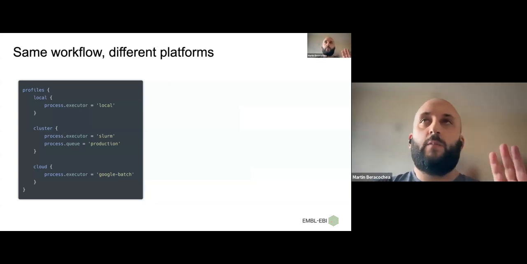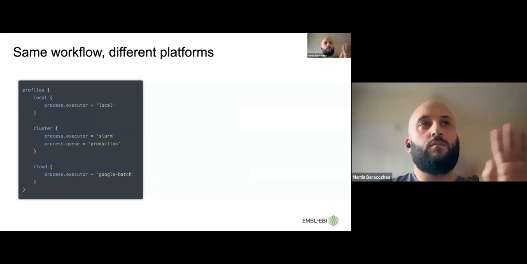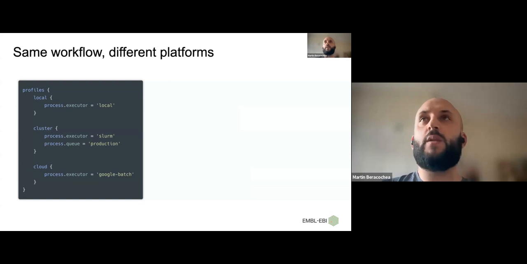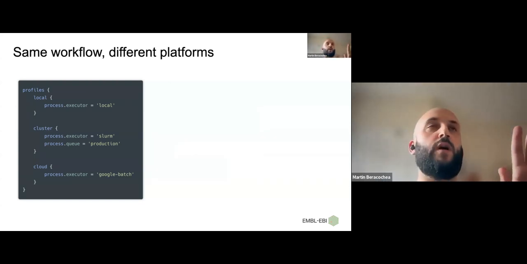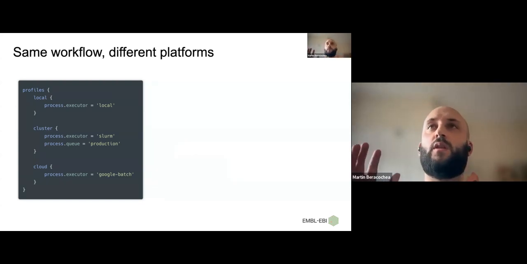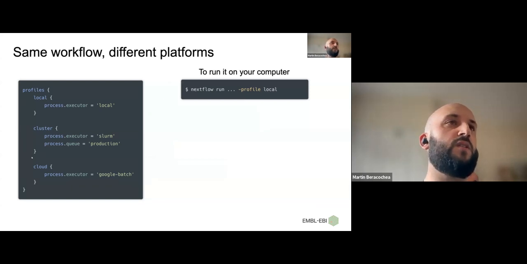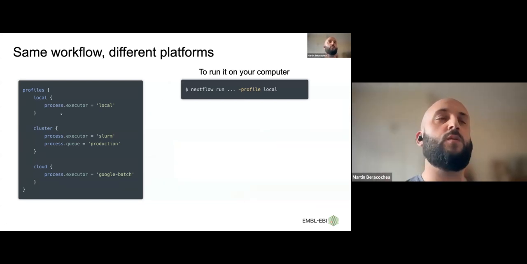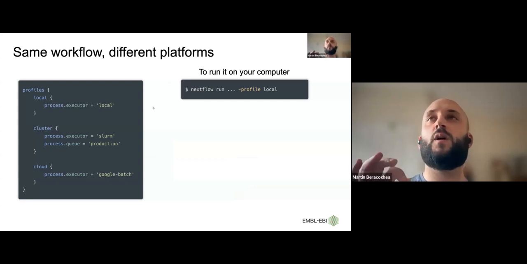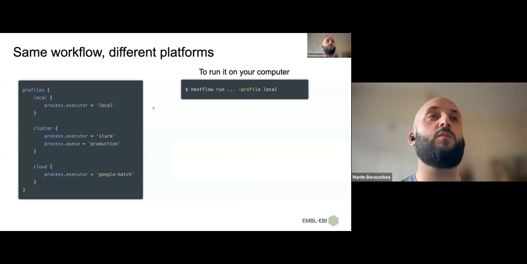For example, I have a very minimal example of one of those configuration files. So basically the same workflow, different platforms. And you can see here in these profiles that we basically have three profiles, one called local, which is going to specify, okay, I need to run this workflow using my laptop. That's what local means.